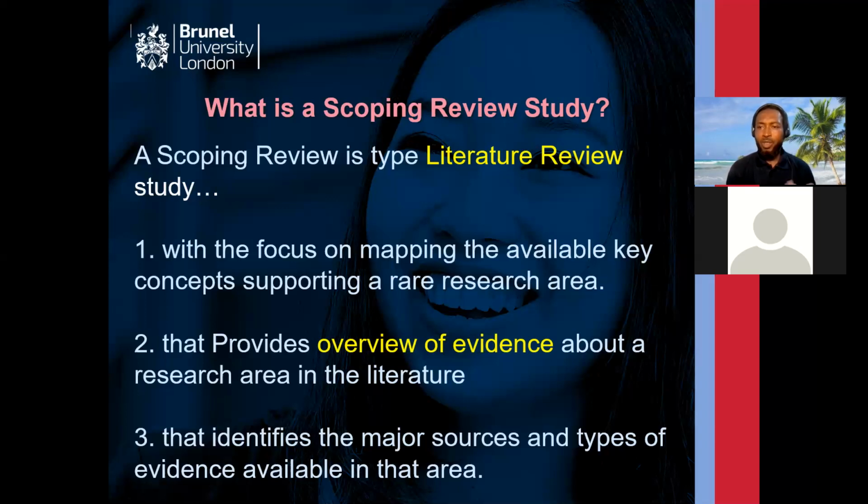That could inform further research that you may want to dive into. So the first point is all about mapping the available key concepts supporting that rare research. Secondly, it provides an overview of evidence about a research area in the literature. Thirdly, it identifies the major sources and types of evidence available in that area.